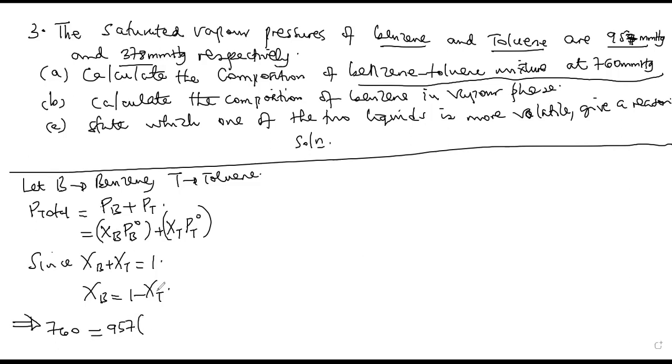Then plus XT, where T is a subscript, which is simply XT, times its vapor pressure, which is 378.